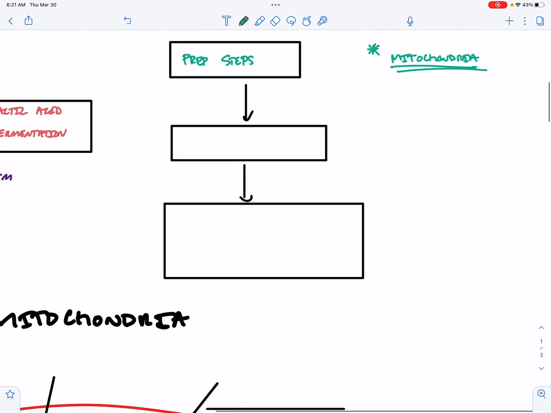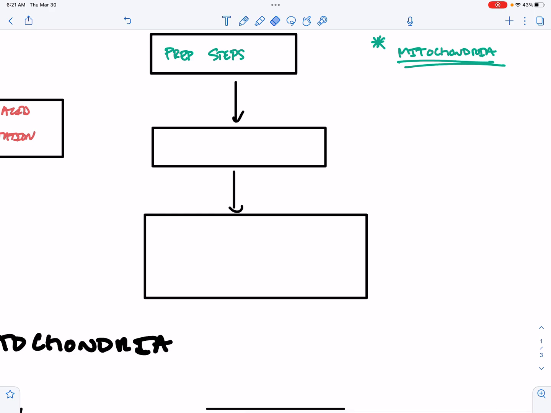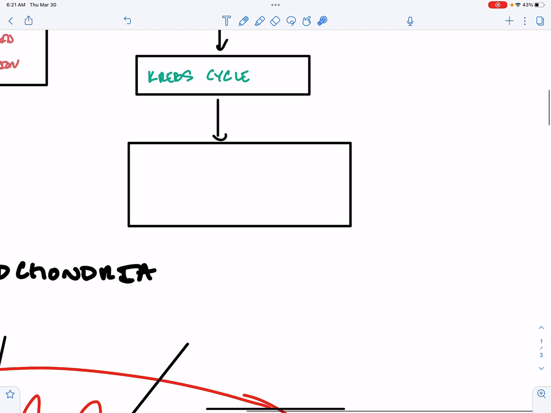Okay, following the prep steps, there is a set of reactions called the Krebs cycle. You'll notice when we say the Krebs cycle, it bears a lot of similarities to the light independent reactions, except kind of moving in the opposite way.